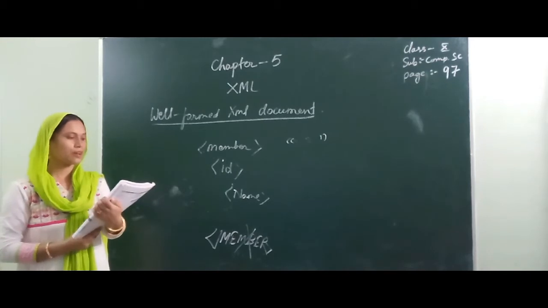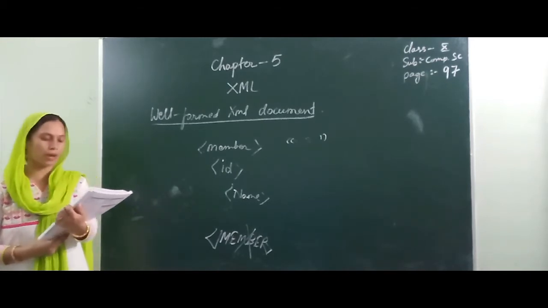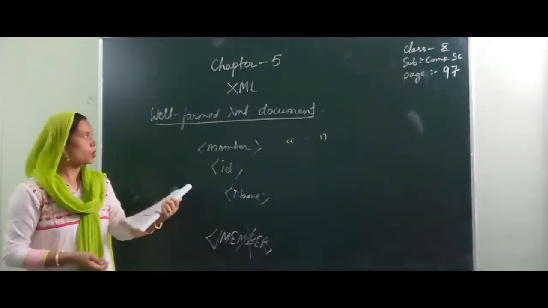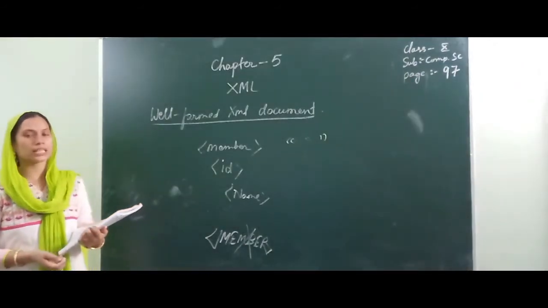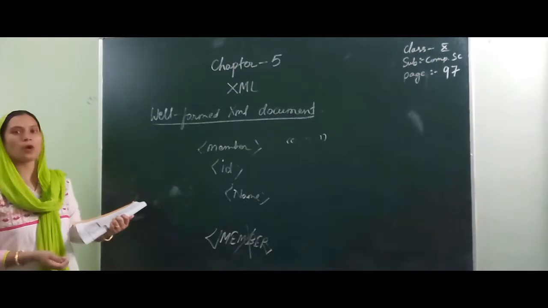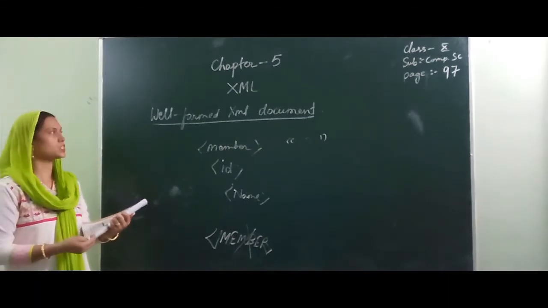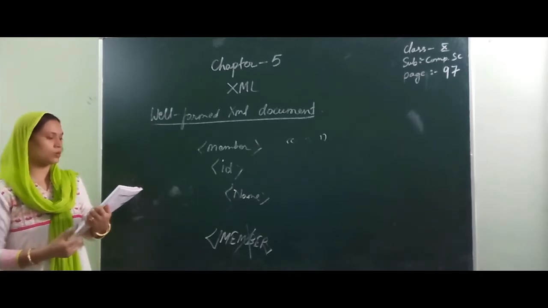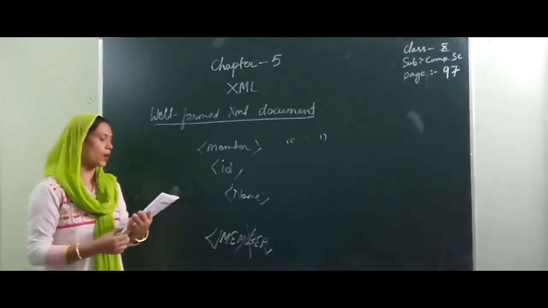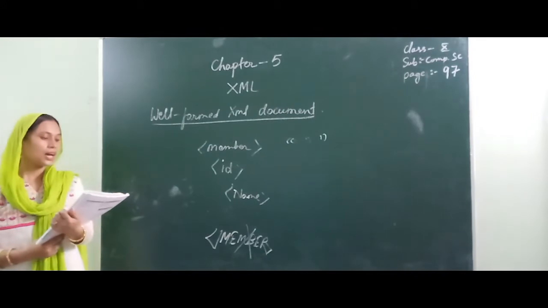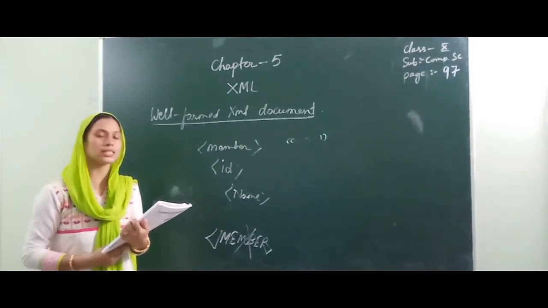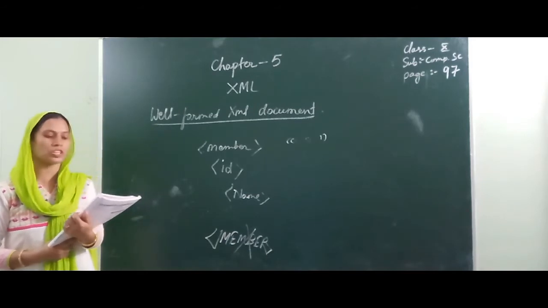Next, validating an XML document, page number 98. Now you already know that your XML document is well-formed. Now we are going to identify whether this document is a valid document or invalid document. For that also we have to follow 2 points. The first is that the XML document must include a DTD, that means document type definition.